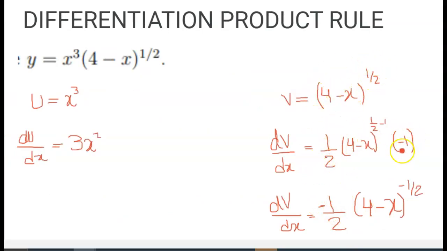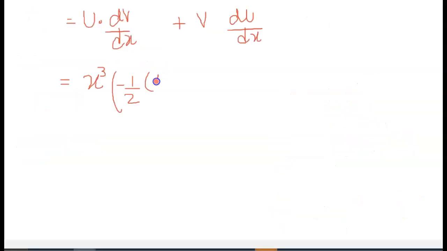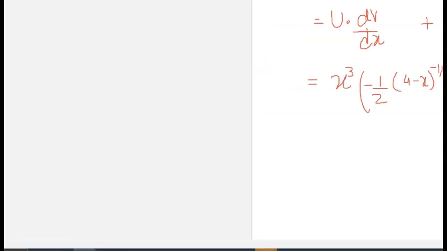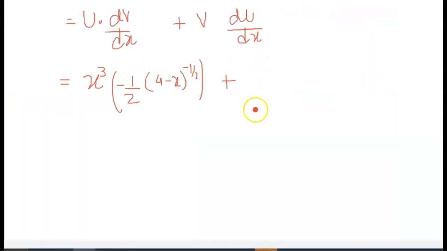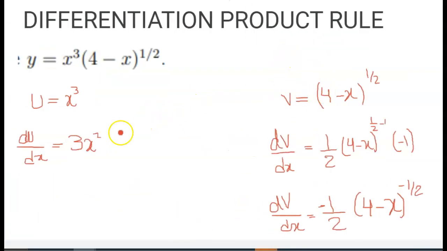And there was a minus 1 there as well, because when I differentiate 4 minus x, the answer is minus 1. Plus, now the v value is here, 4 minus x, and du over dx is 3x squared.